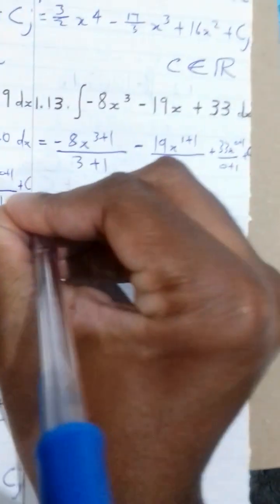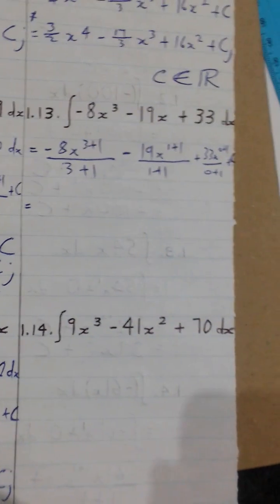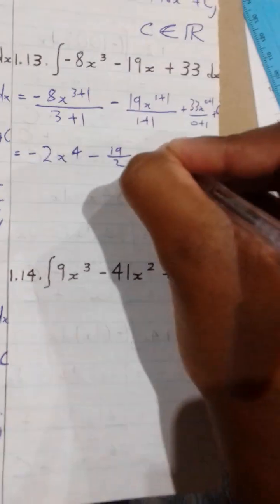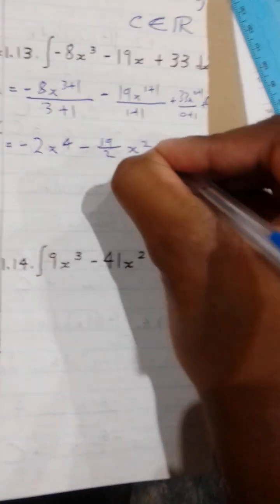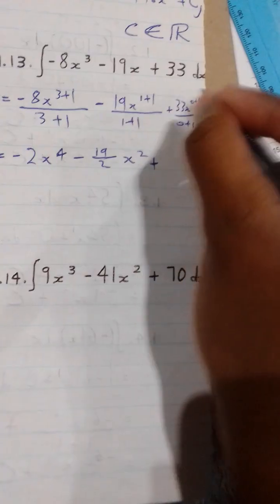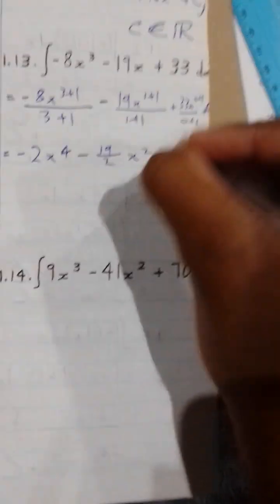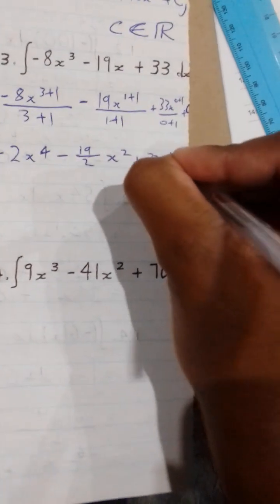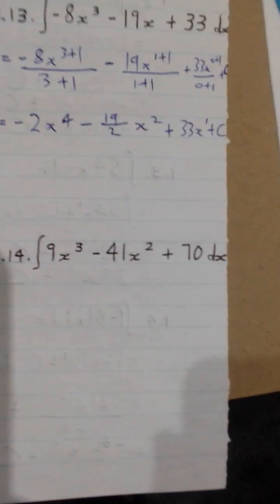So this is going to be negative 8 over 4, negative divided by positive is negative, 8 over 4 is 2, x, 3 plus 1 is 4, minus 19, 1 plus 1 is 2, x, 1 plus 1 is 2, plus 33 over 1 is 33, x, 0 plus 1 is 1, then plus c.